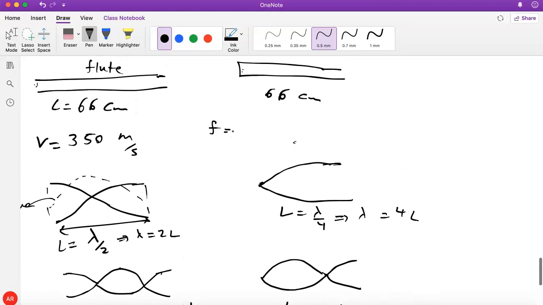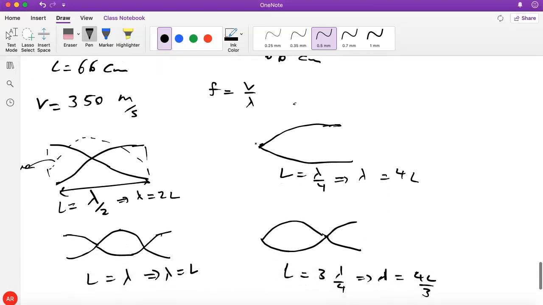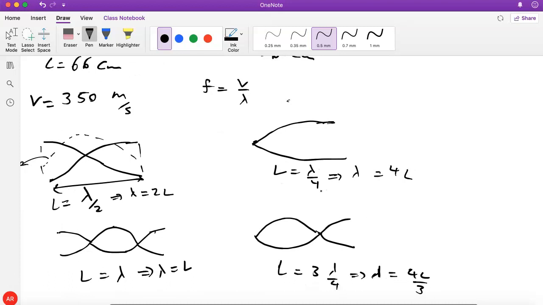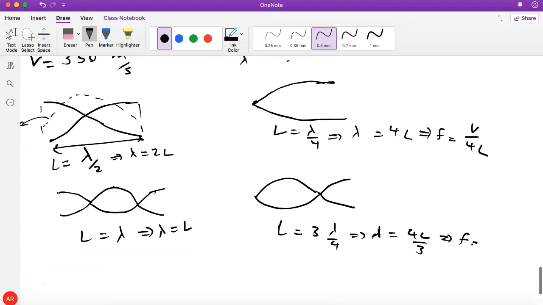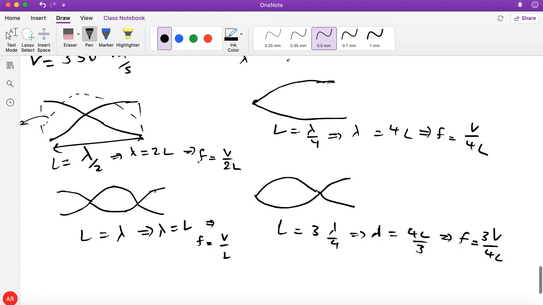We know f is v over lambda. So v over 4L, 3v over 4L, v over 2L, v over L. So then we just plug in numbers, right, in all the cases.